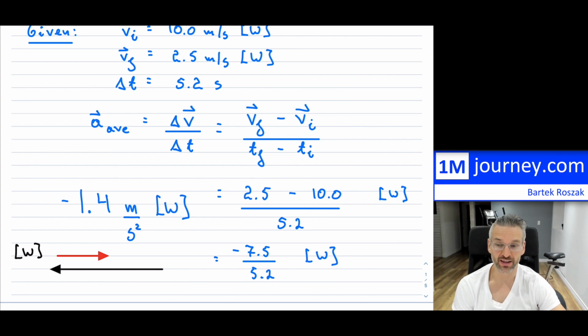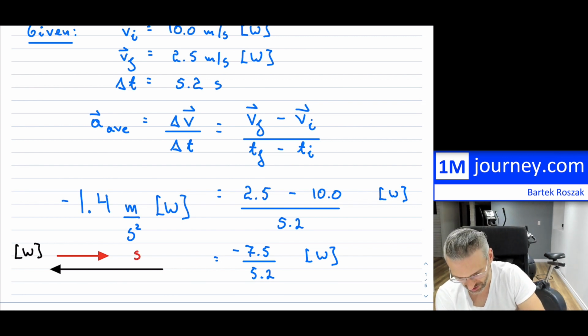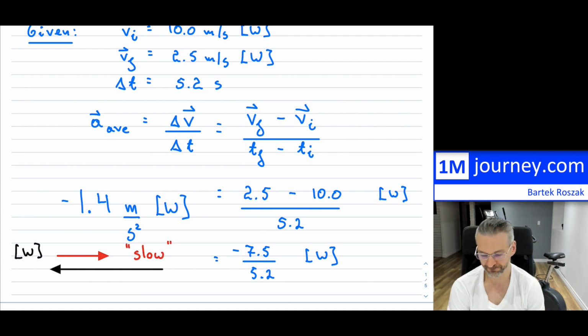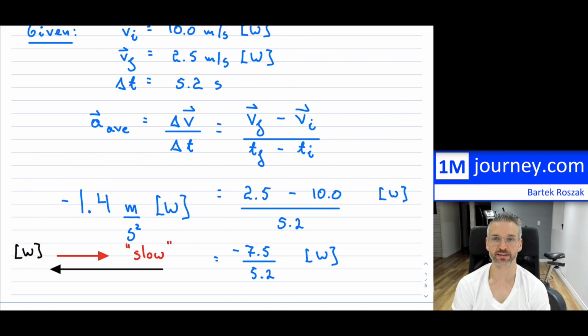So what this tells us is that this is actually slowing down. That's what's happening over here. We're still moving, because we're still going in the positive direction, at 2.5, but it's forcing us to slow down.